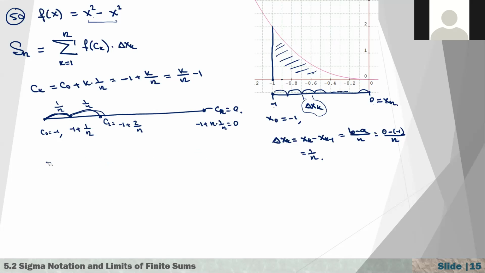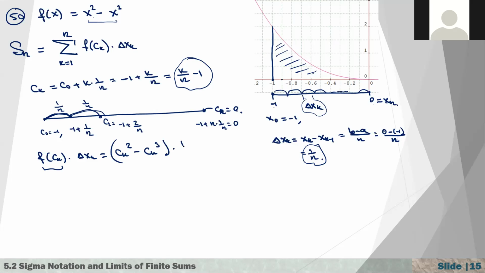Now, let me just find this first. What is f of c sub k times delta x sub k? Delta x sub k, we know that's equal to 1 over n. And f of c_k is equal to, if you substitute into our function, c sub k squared minus c sub k cubed.